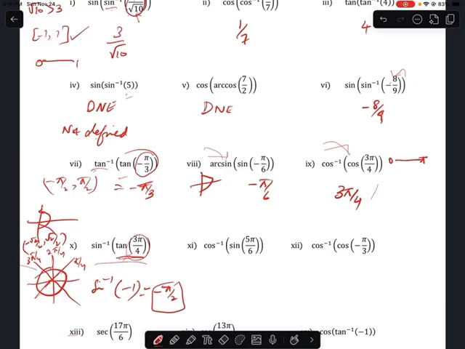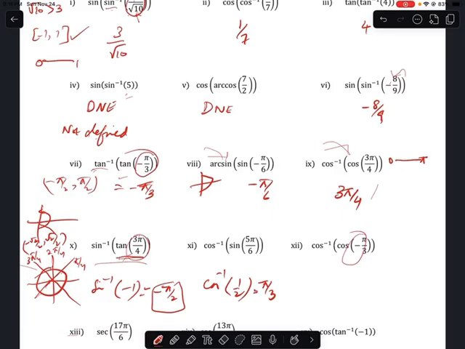Now here the tangent will be negative because the coordinates of the terminal point will be negative square root of 2 over 2 comma positive square root of 2 over 2. So the tangent will be negative 1.